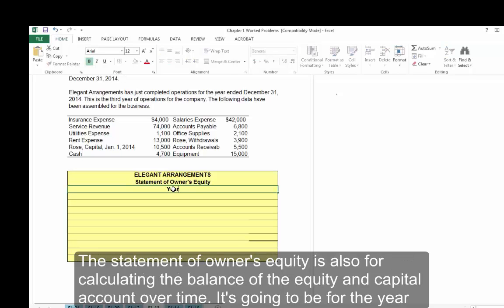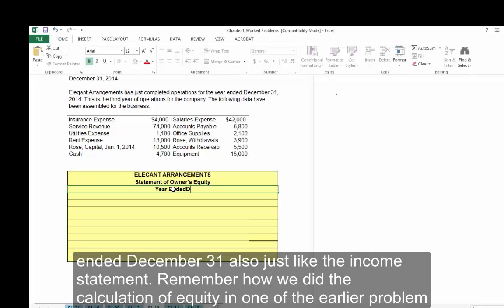So the statement of owner's equity is also for calculating the balance of the equity and capital account over a period of time. So it's going to be for the year ended December 31st also, just like the income statement. Okay. All right. So remember how we did the calculation of equity in one of the earlier problems?